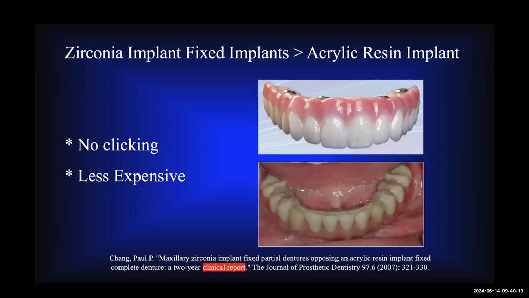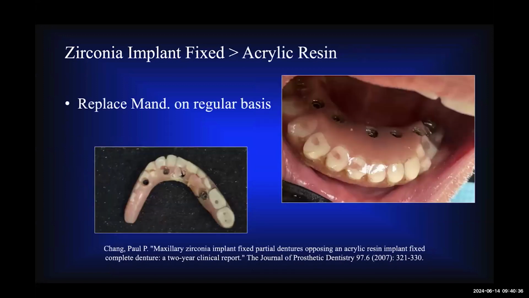If it's implant or whatever, you should try to do acrylic resin because what was the reason? You won't have the clicking, and it's less expensive. However, as I said, this is a clinical report. If you look at the literature, that is the lowest level of evidence when we're looking at a controversial subject.